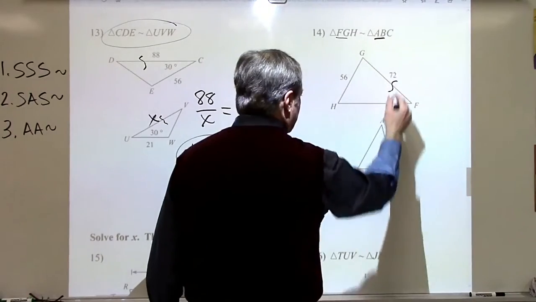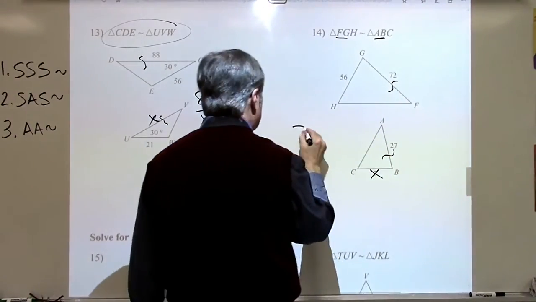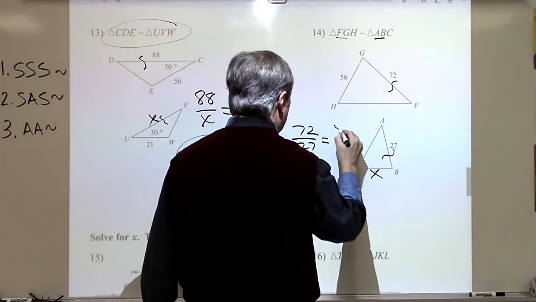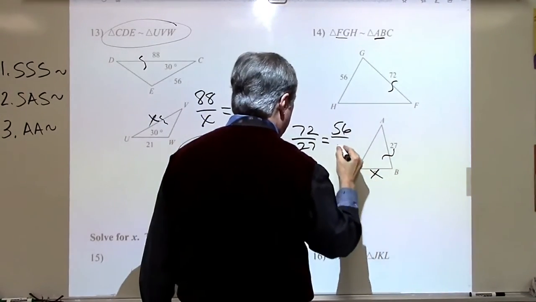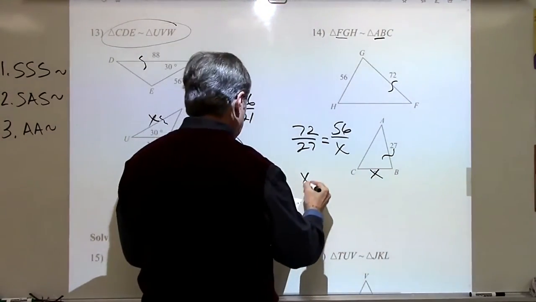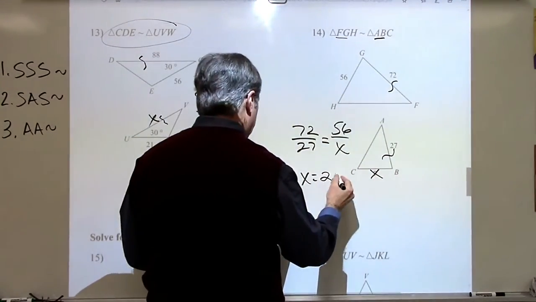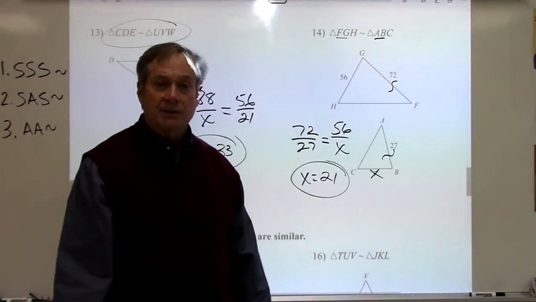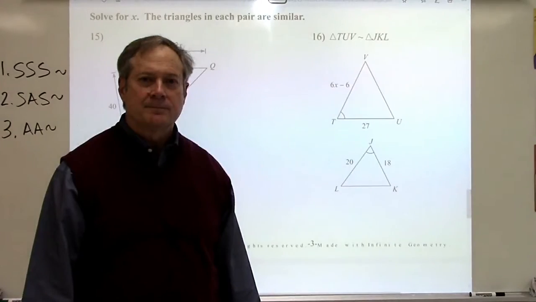Okay, so I can say 72 to 27 is going to be the same as 56 to side X. Do the cross multiplication and the algebra, and you get X is 21. And so that's 13 and 14.